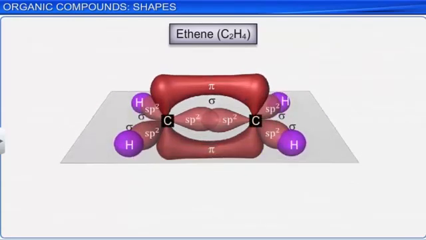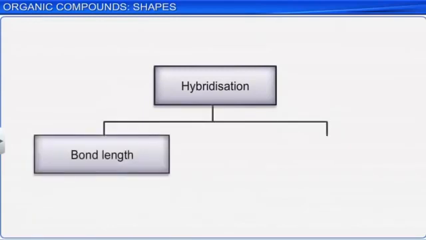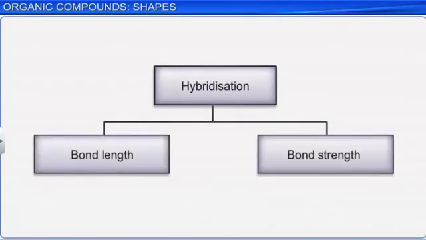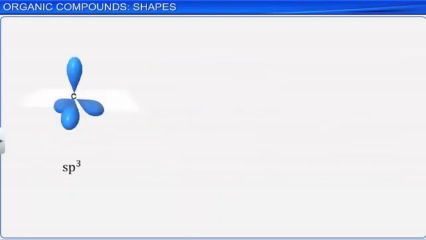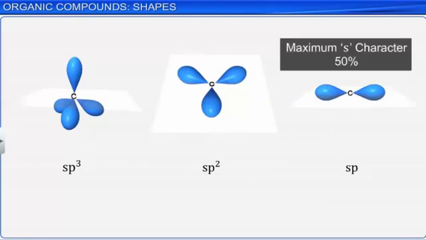Hybridization influences bond length and bond strength in organic compounds, which means that these parameters do influence the shapes of molecules. Among sp3, sp2 and sp, in an sp hybrid orbital, the s character is maximum, that is, 50%.